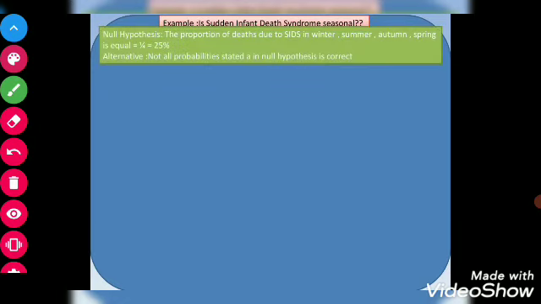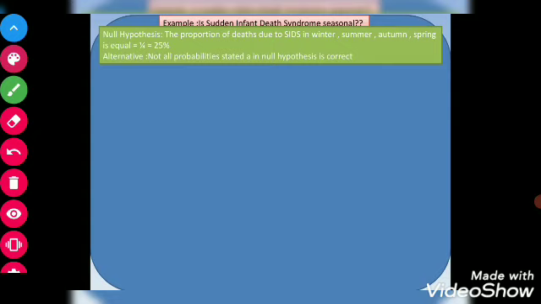So just see, null hypothesis is telling what? The proportion of the deaths due to SIDS in winter, summer, autumn, spring is equal. So there are 4 seasons, and the probability in each season is 25%, or equal 1/4. So that is null hypothesis.